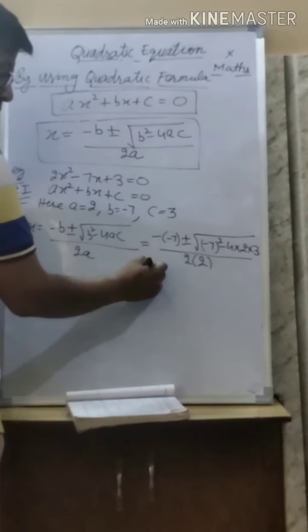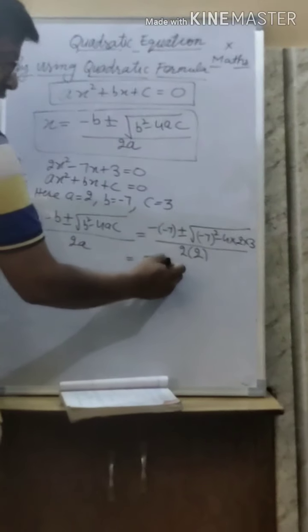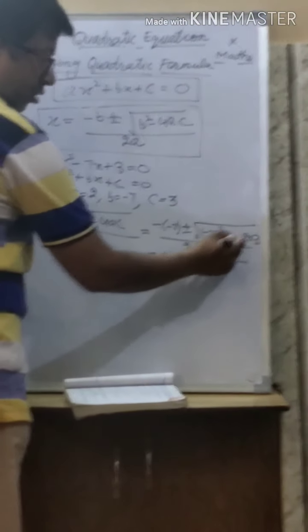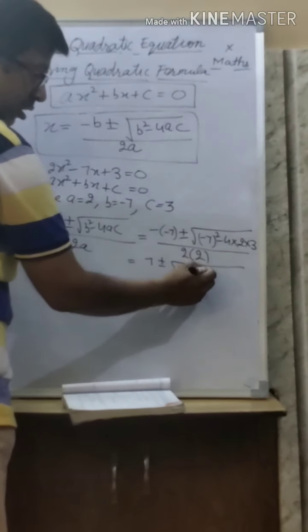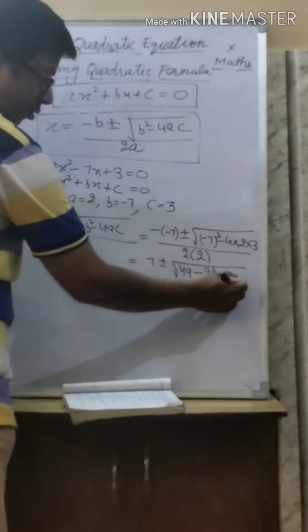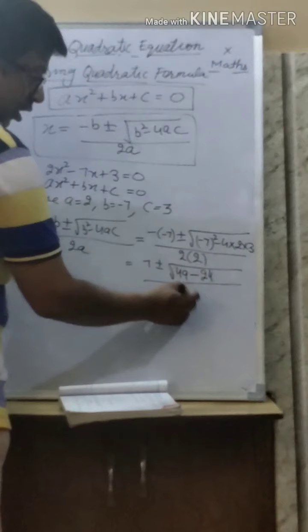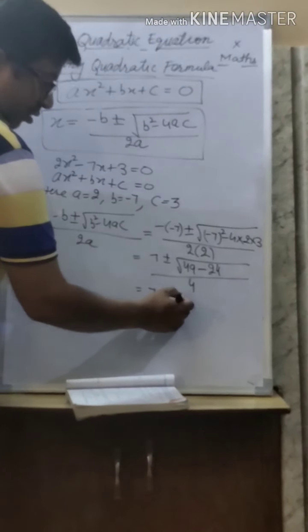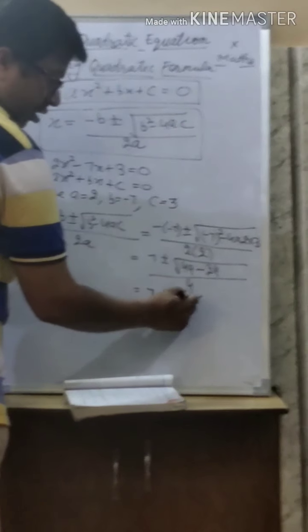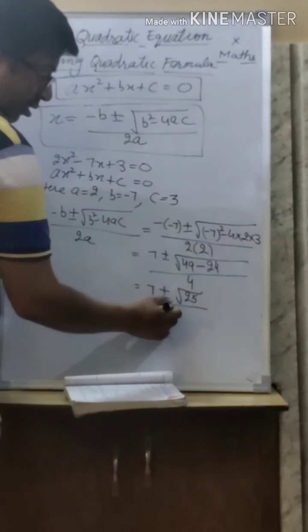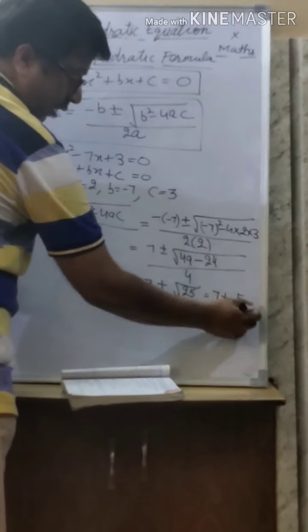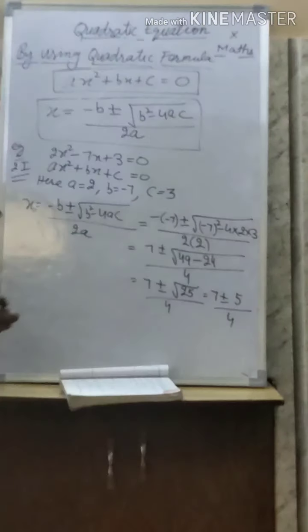Minus minus becomes plus. Minus 7 square is 49, 4 into 2 into 3 is 24, upon 2 into 2 is 4. So 7 plus minus under root of 49 minus 24, which is 25, upon 4. That is 7 plus minus 5 by 4.